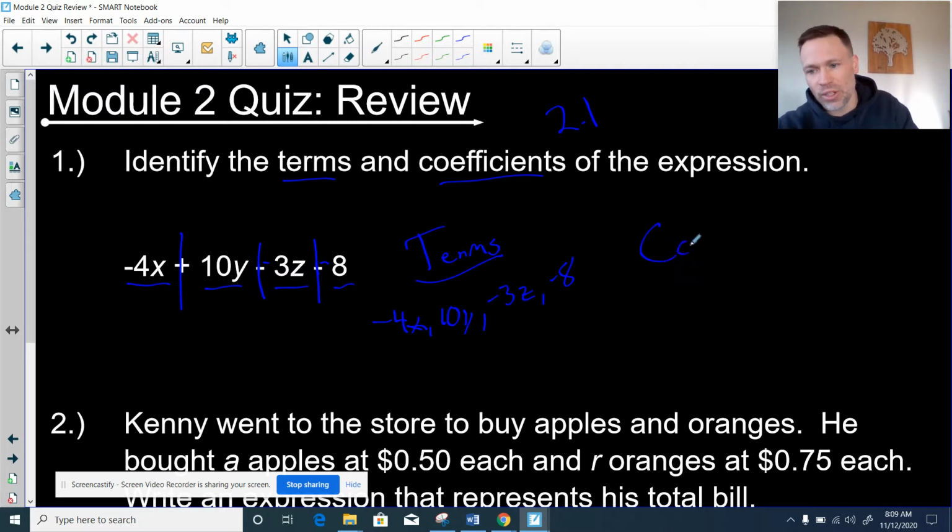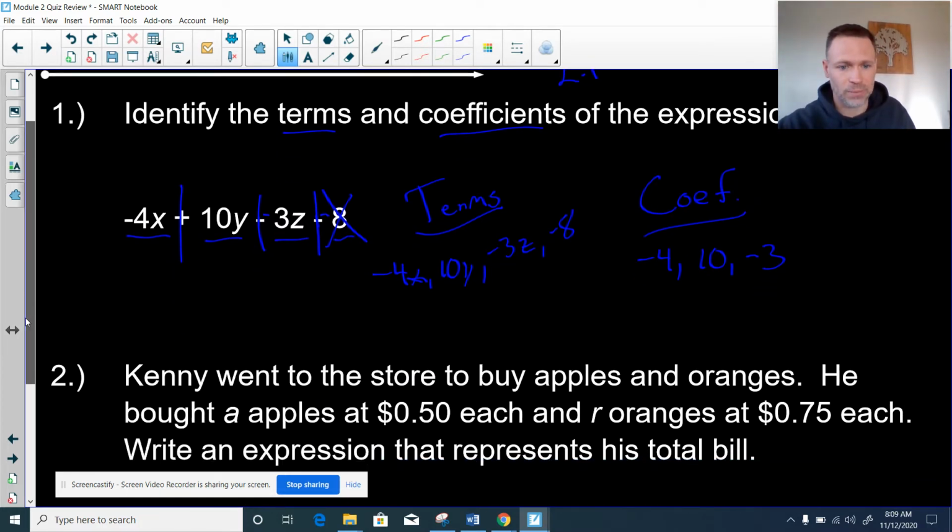Now, my coefficients, I'll abbreviate that, remember, requires a variable. So for that reason, I can eliminate negative 8 as a coefficient because there is no variable. All the other ones have variables, and now it's just the numbers out front. So it's negative 4, comma, 10, comma, negative 3. So those are the coefficients and terms for that expression.